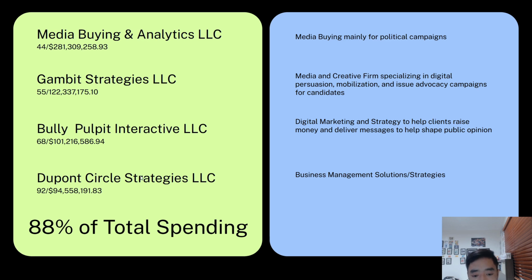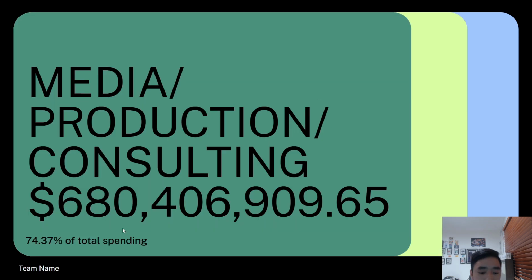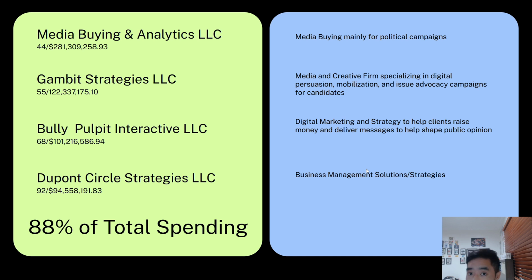And Dupont Circle Strategies LLC are mainly business management solutions and strategies. They want to know where you want to go, and they want to help you reach your goal. These 4 companies make up 88% of total spending within media and production, and almost 75% of total spending went to media and productions. So a lot of money, media and media.